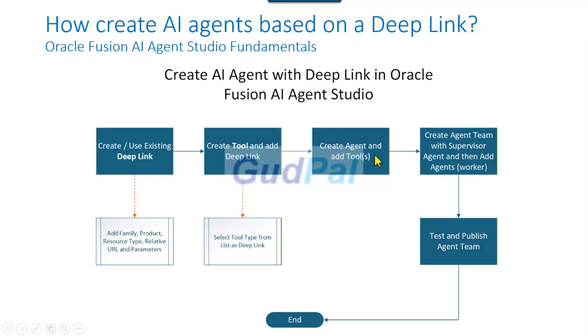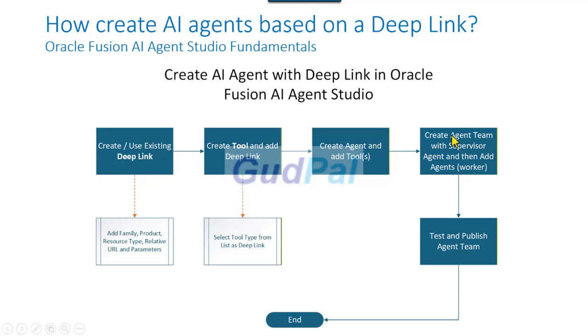Once you have created the worker agent, you embed it in a supervisor agent, which will be a part of the agent team. In the supervisor agent, you fetch the worker agent that you've created and save the changes to the agent team.